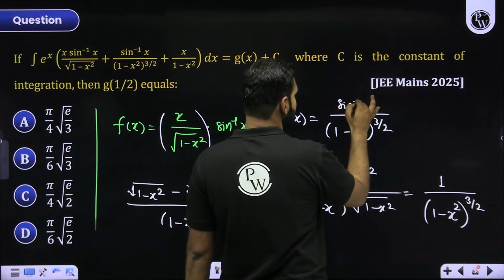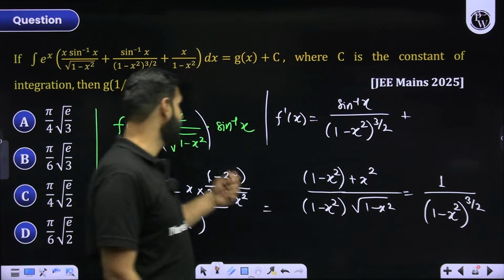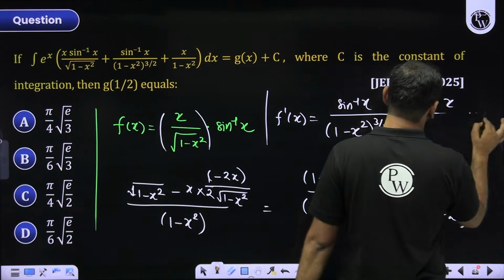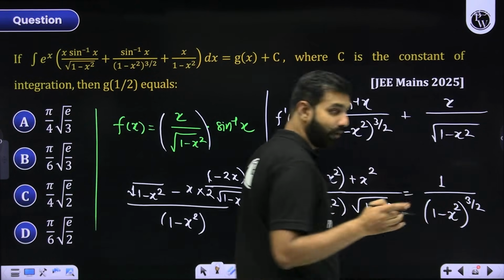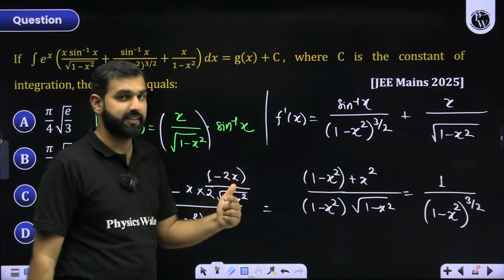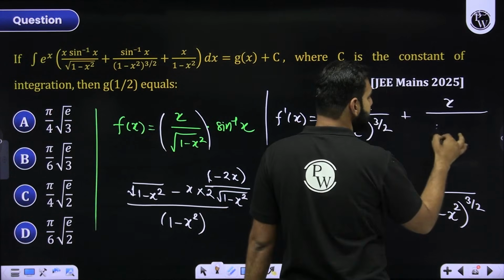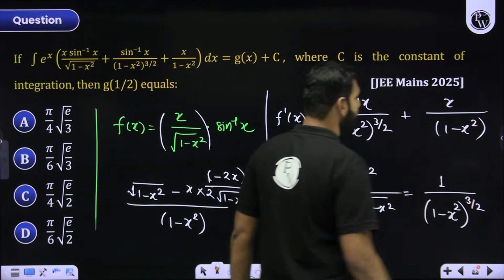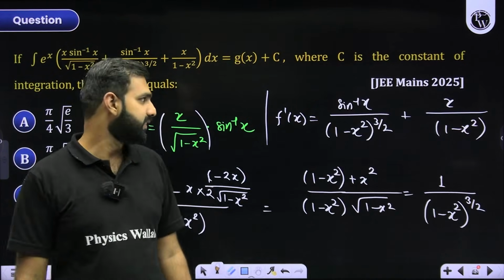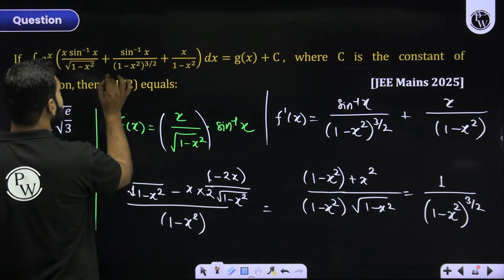Plus first function as it is, the first function is x upon under root 1 minus x square, times derivative of second function. Derivative of sine inverse x is 1 upon under root 1 minus x square. So when you multiply this with this, under root of 1 minus x square into under root of 1 minus x square will leave you with this.